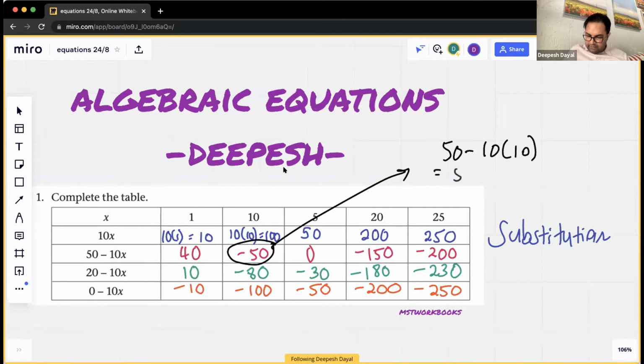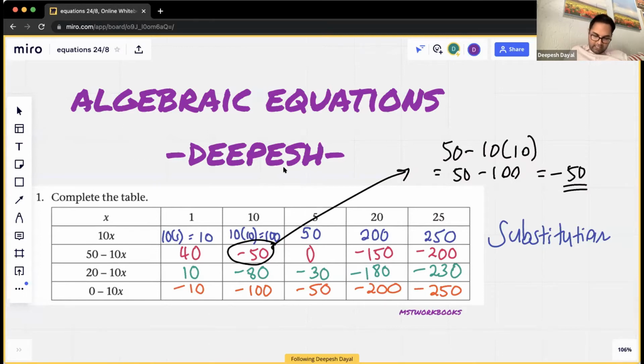Which becomes 50 minus 100. And 50 minus 100 will be minus 50. So we can't put a 0 in the position of 50. It must be 50 minus that. You can't put a 0. It has to be that equation that you're given. That makes sense? Yes, sir.